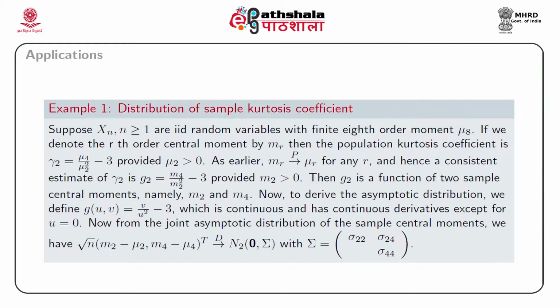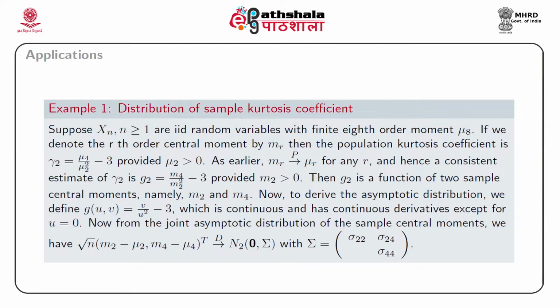As earlier, mr, that is rth order central moment obtained from the sample, is a consistent estimator of mu r, that is rth order population central moments, and hence a consistent estimator of gamma 2 is G2, which is defined as m4 by m2 square minus 3, of course when m2 is positive.